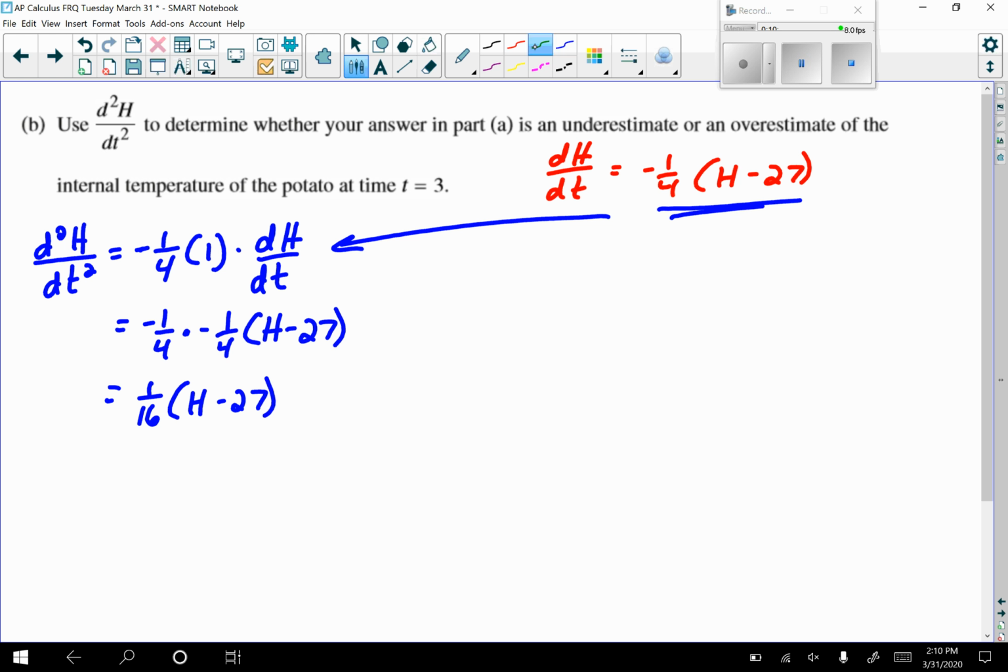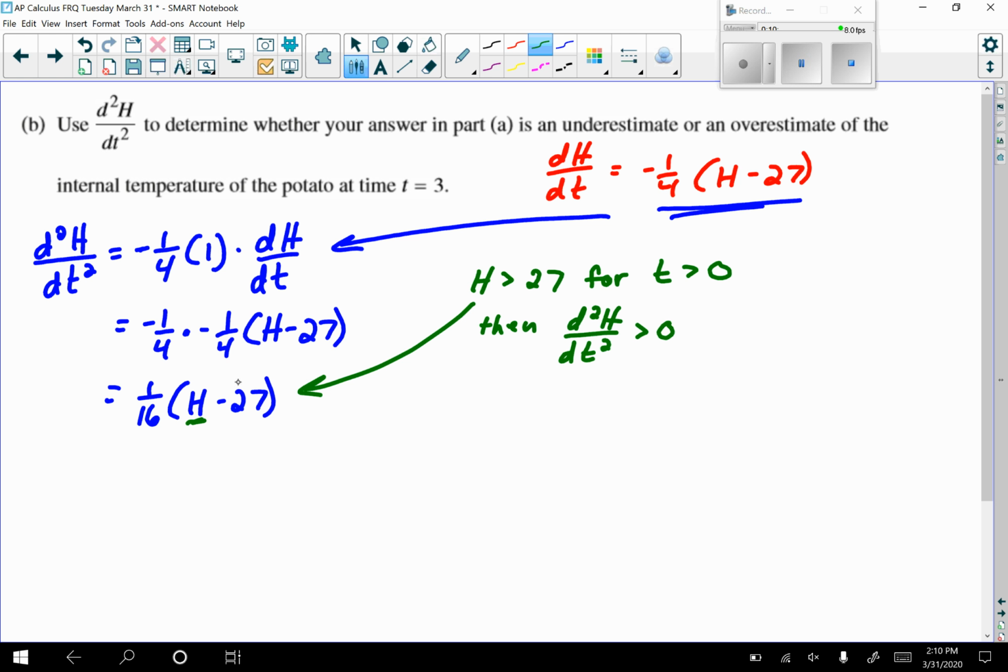So now we go back to some information at the very beginning. It did tell us that h is greater than 27 for all t values greater than 0. So this bit of information tells us that our second derivative is going to be greater than 0, because if h is all values greater than 27, the number inside is going to be positive times a positive 1/16, which is always going to give us a positive result. So our second derivative is greater than 0 for all h values that are greater than 27.